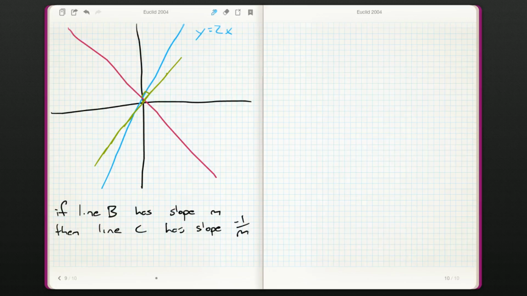It's the negative reciprocal. So if B had a slope of negative 1, C would have a slope of negative 1 over negative 1, which is 1. If B had a slope of 5, line C would have a slope of negative 1 over 5. And this is always true. It's just a nice little fact that we can state, and it helps explain what we're doing and why we're doing it. Didn't take us that long to write it out.